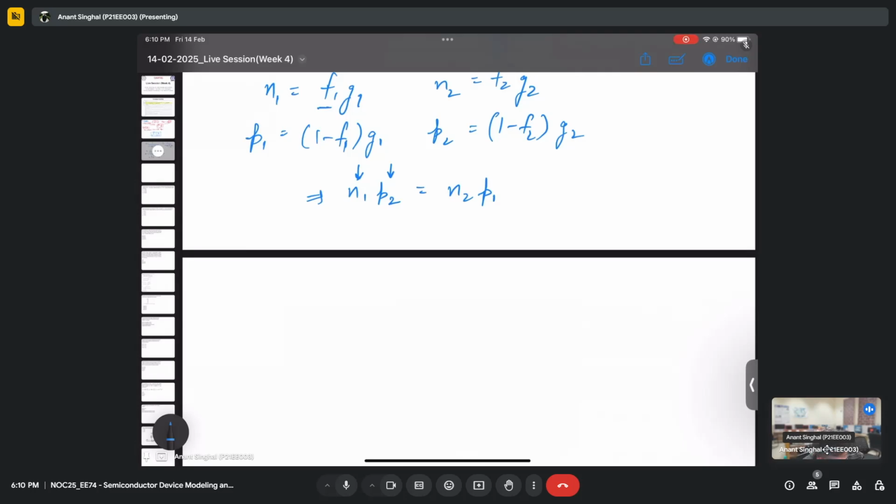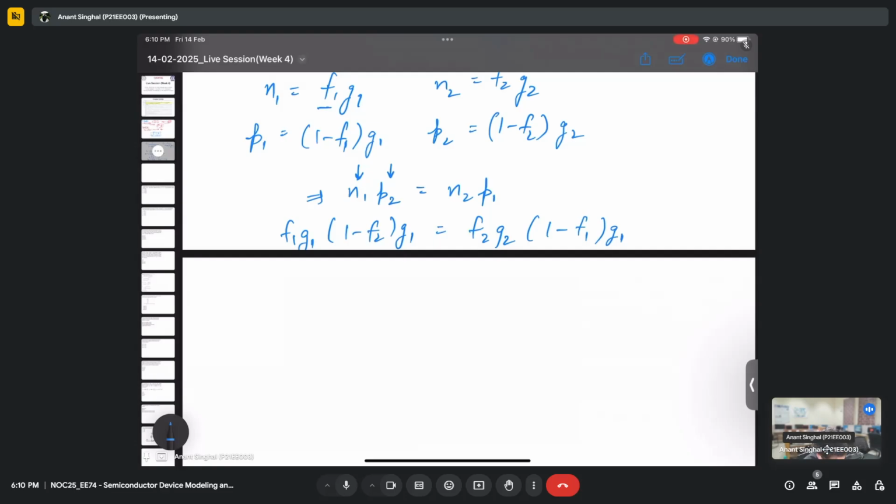So I just need to put in the basic values. N1 we just established is nothing but F1 G1. P2 is nothing but 1 minus F2 times G2. Please let me know if I have written something wrong. I guess it is correct. N2 is F2 G2, and P1 is 1 minus F1 times G1.